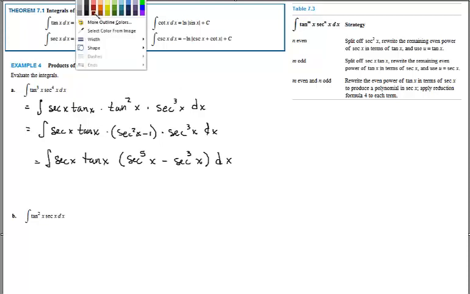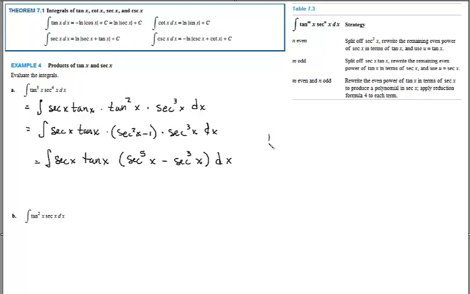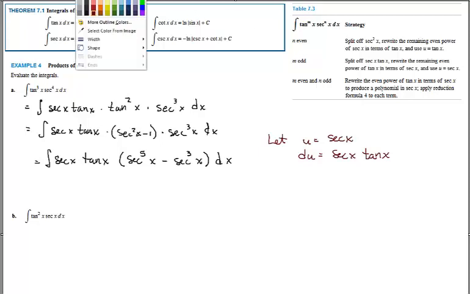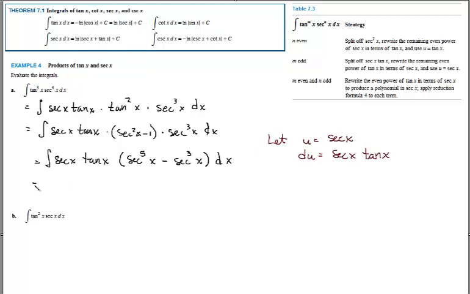Now I'm going to let u equal secant x. That means that du equals secant x tangent x dx. I'm going to do my substitution, and there's my du. This is going to end up with the integral of u to the 5th minus u cubed du.